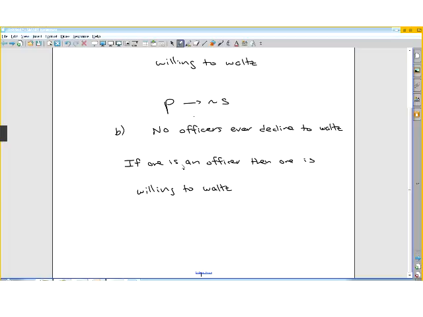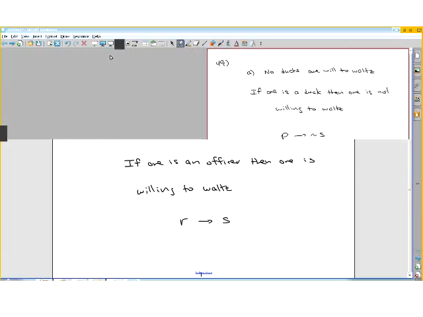So that's the same thing. No officers ever declined to waltz. If one is an officer, then one is willing to waltz. So looking up at the descriptions, one is an officer, which is R. If one is an officer, then one is willing to waltz, which is S. So it's if R, then S.